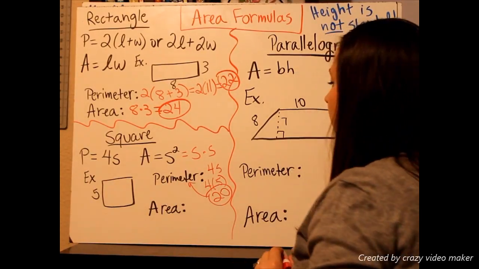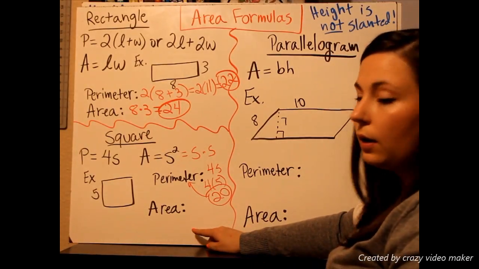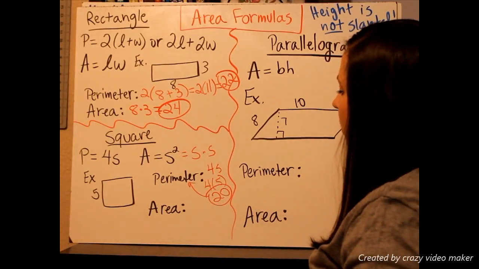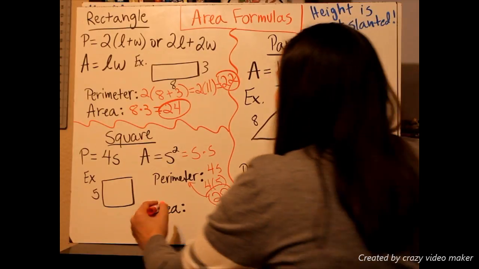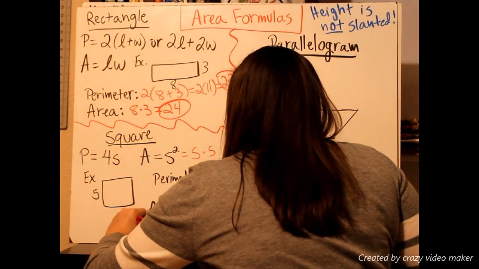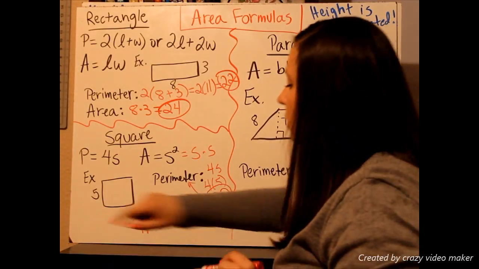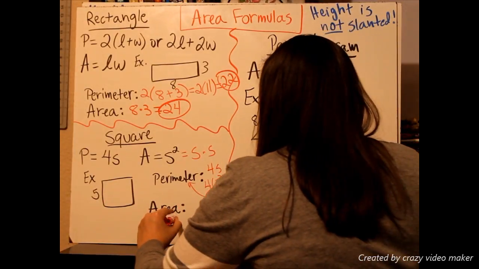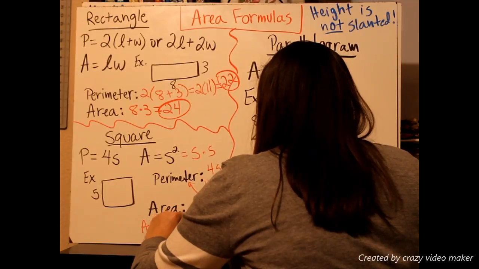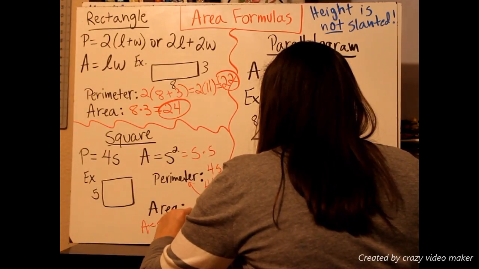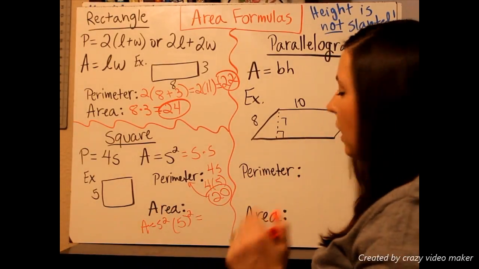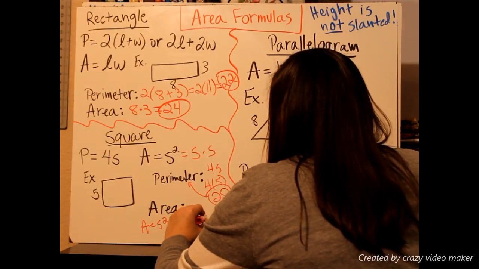So that's our perimeter. Now we have our area. We're going to start off with our formula, S squared. A equals S squared. And we know that S is 5, so it's 5 squared, which means 5 times 5, which is 25.